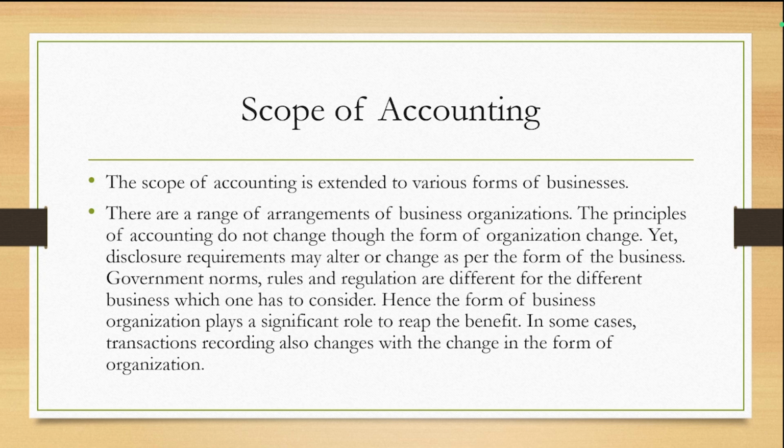Government norms, rules and regulations are different for different businesses, which one has to consider. Hence, the form of business organization plays a significant role to reap the benefits. In some cases, the transaction recording also changes with the change in form of organization.